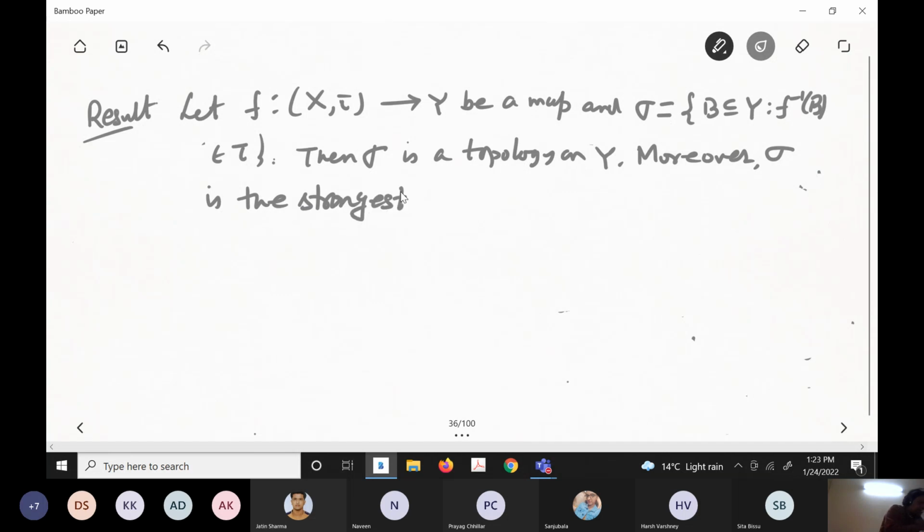Some of you are interested in algebraic topology or differential topology; you should pay attention to this.